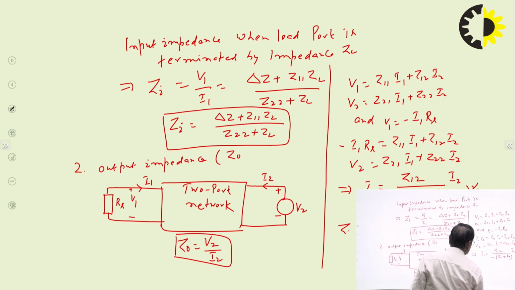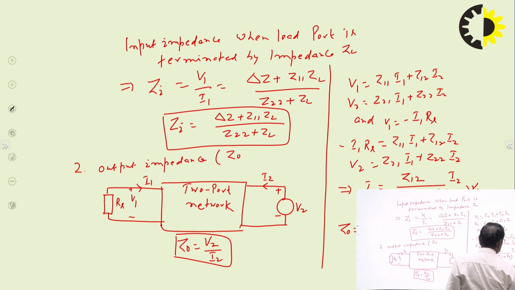So we get Z0 is V2 upon I2, which is coming like this: delta Z, which is the determinant of the Z parameters, plus Rs Z22, upon Z11 plus Rs.